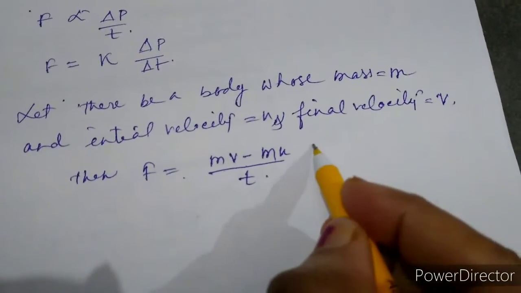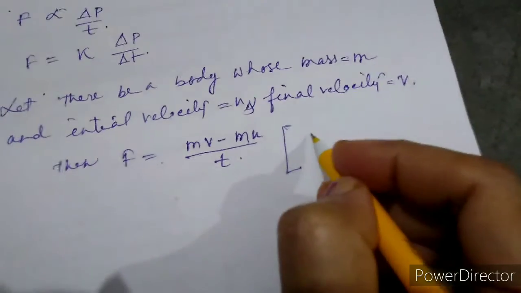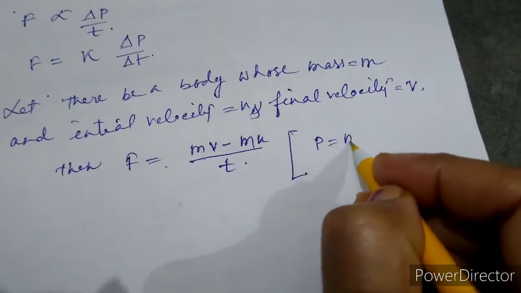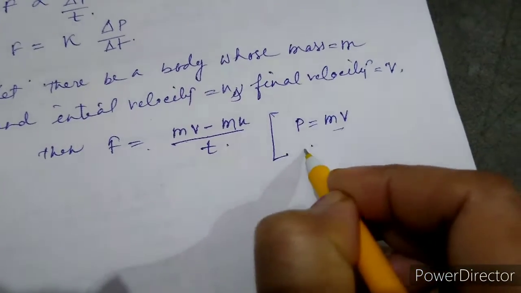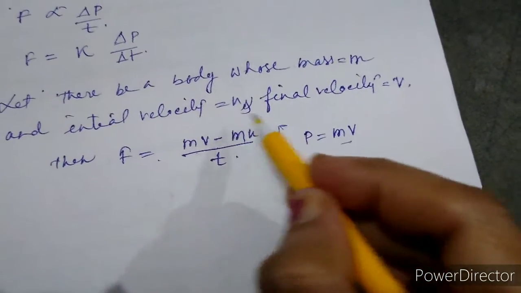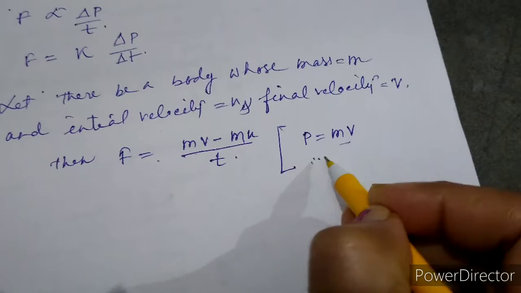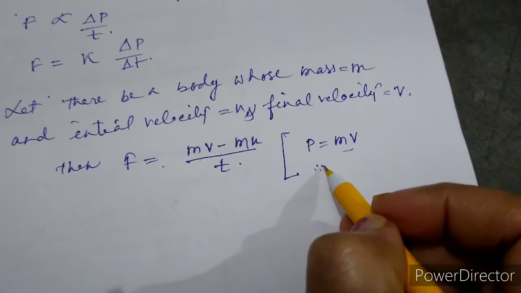As you know, P is equal to mv, and mv means momentum. And I said rate of change of momentum means change in momentum.